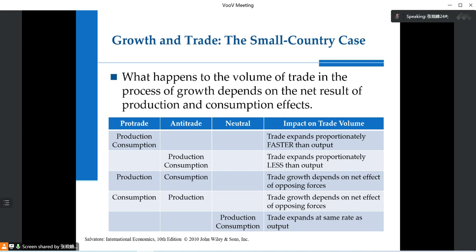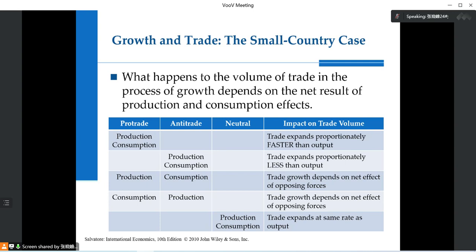You know, before COVID-19, I think the global trade expanded or grew faster than the global economic growth. Okay.